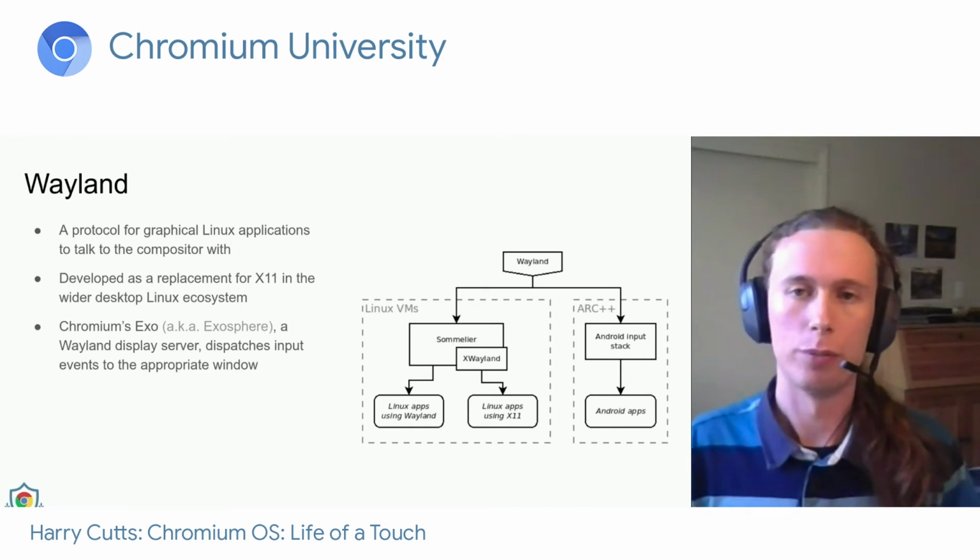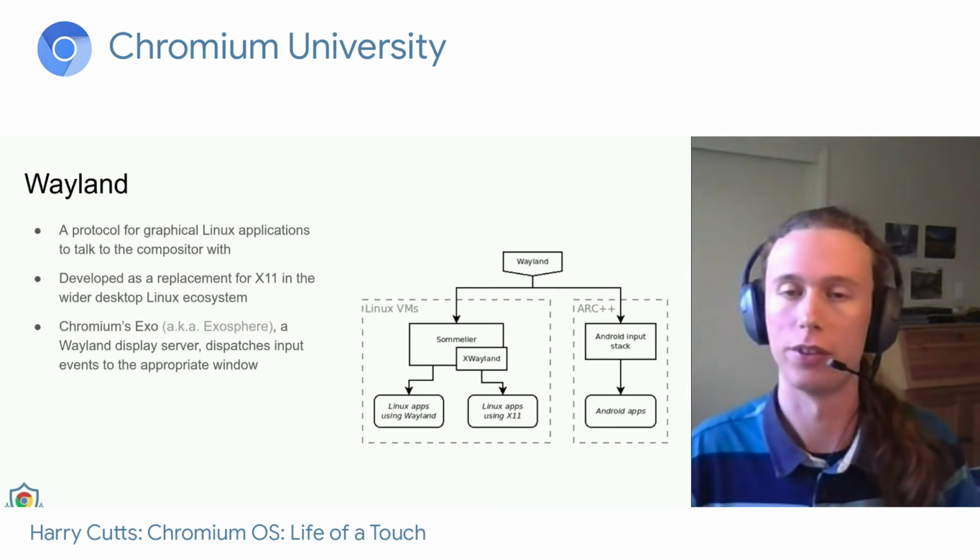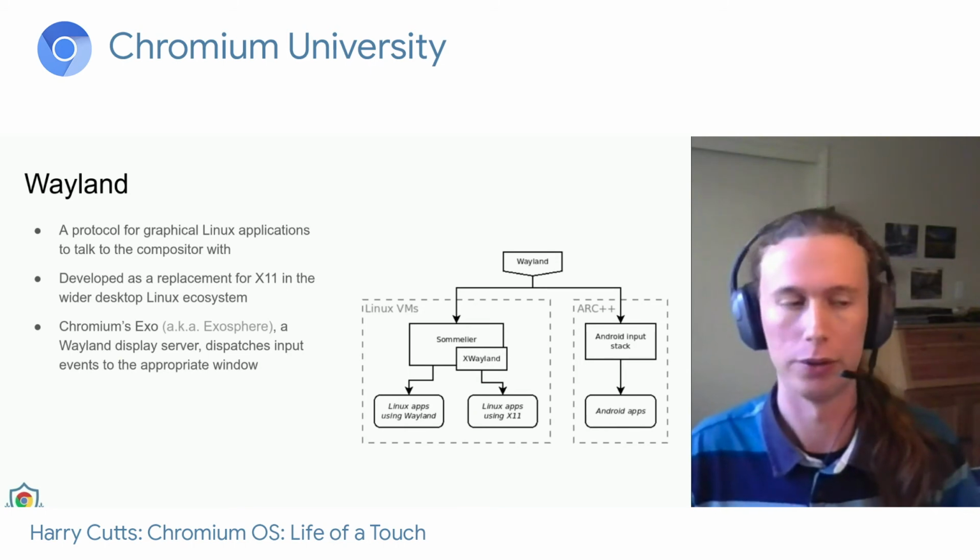So we have a component in Chromium called Exo, or sometimes you'll hear it called Exosphere, and it is an adapter essentially that allows the Chromium display server to be used over Wayland. And so for our purposes, it takes input events and makes sure to dispatch them to the appropriate app's window.